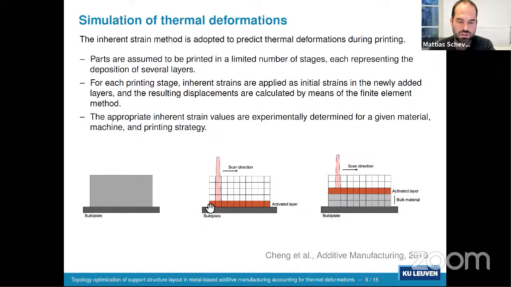Then for every stage, we impose thermal strains in the top layer, in the top part here. And we calculate the corresponding displacements in the entire part that has been printed so far. So we repeat that for every stage.